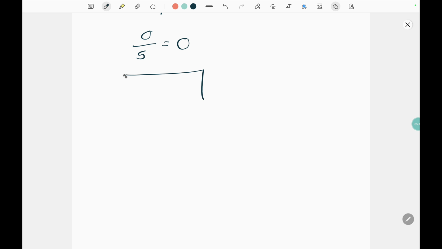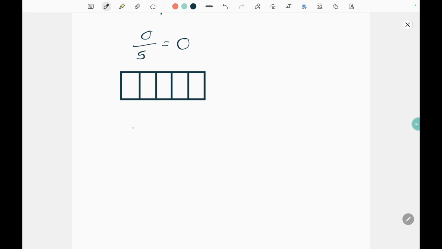Let me do it here. This is the rectangle, and if I cut this rectangle into 5 pieces like this, and the top number is 0, it means I am shading 0 parts, meaning nothing. So if I ask you how many parts I shaded in this rectangle, the answer is 0. So if the top number is 0, then the answer is always 0.